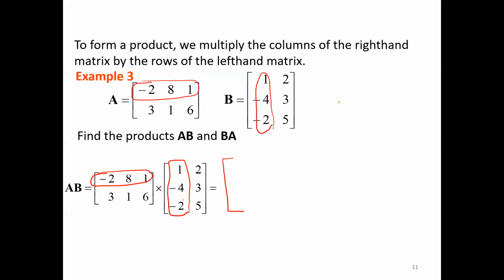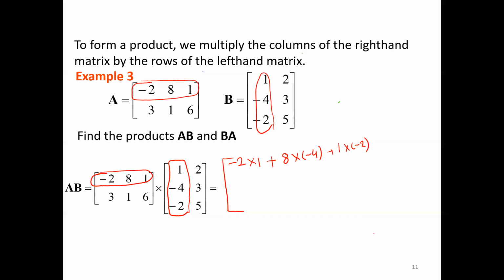So this is going to be -2 times 1, plus 8 times -4, plus 1 times -2.